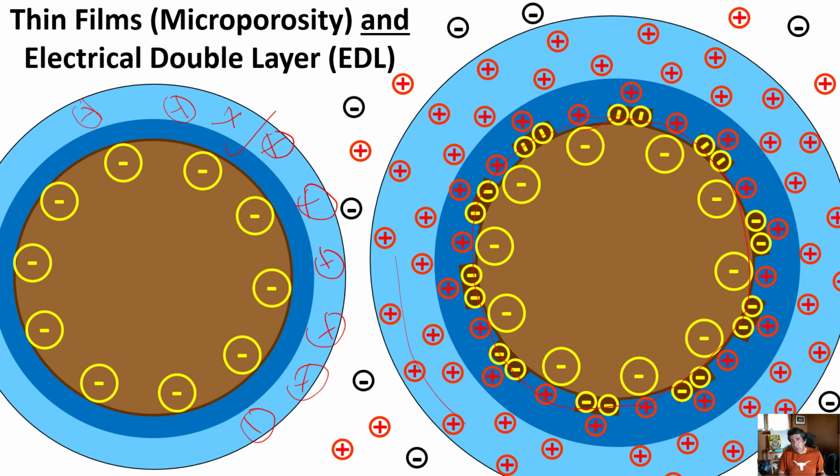And the volumetric concentration of cations decreases as we walk away from the surface of the clay minerals. If we walk far enough away, we will find that the concentration of cations and anions will equilibrate, like we do in bulk water. But near the clay minerals, it will be dominated by the concentrations of cations.